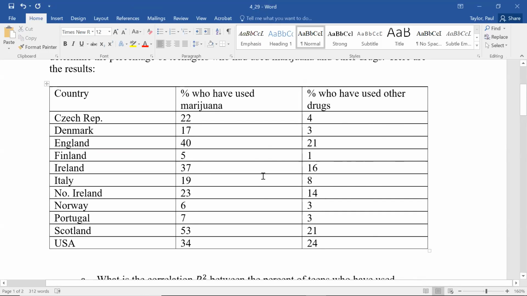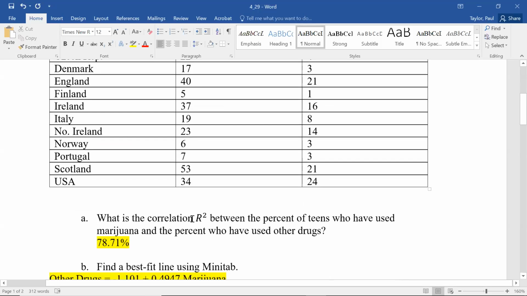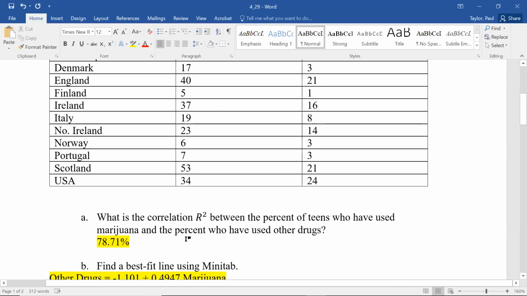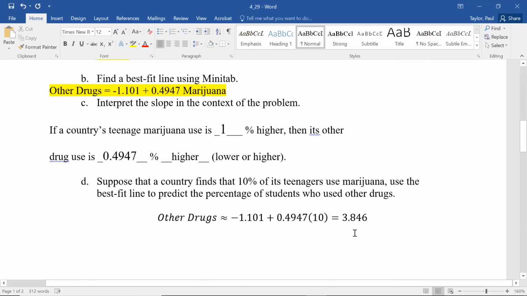But we can get an improved guess using the additional information of knowing that they had 10% marijuana use. And the measurement of the improvement is, it's kind of like the guess is 78% better. Basically, how far away you expect to be from the real answer, that error gets reduced by 78%. That's a way of interpreting this R-squared number.